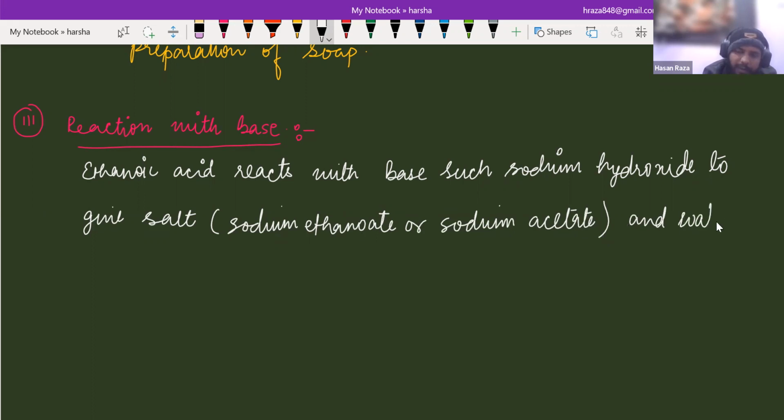So the name of the salt is sodium ethanoate, or you can call it sodium acetate.